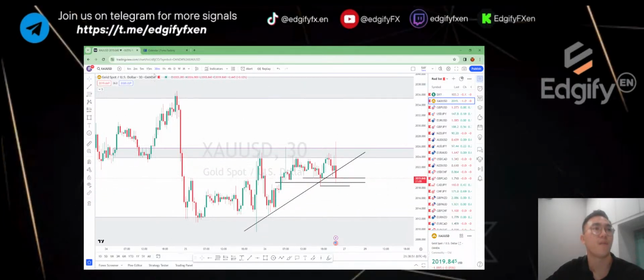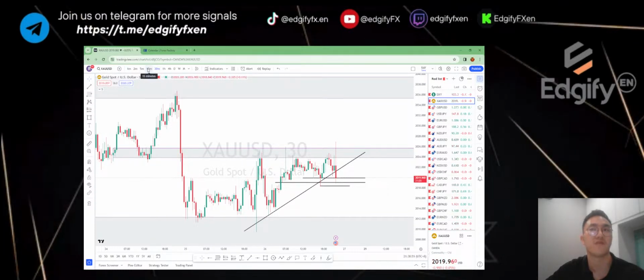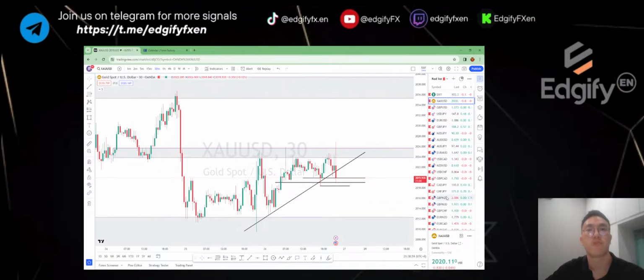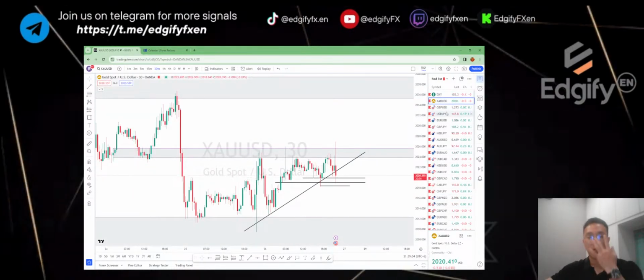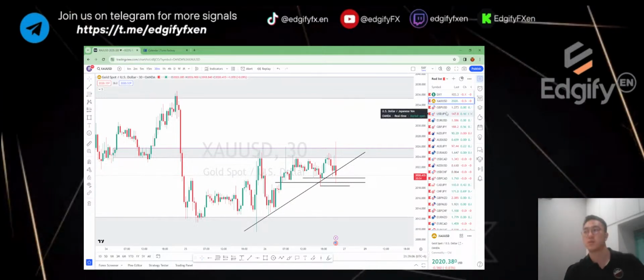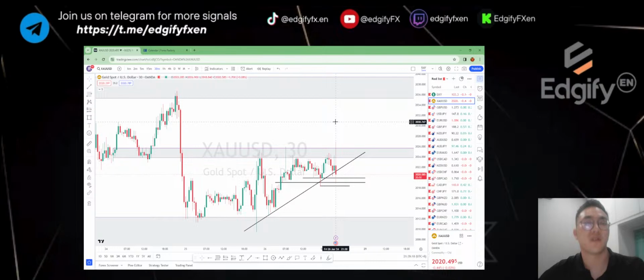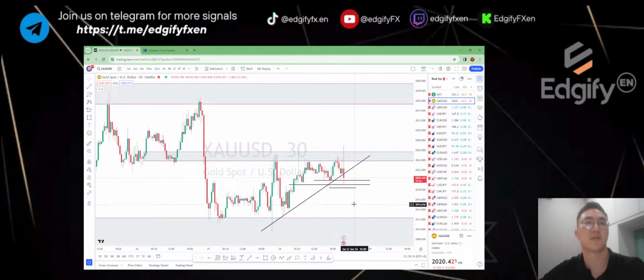But same thing, you will need a confirmation on the lower time frame, probably on the 15 minute or on the 5-minute chart. Right now we don't have anything much on board, so it's still going to be a waiting one for us.